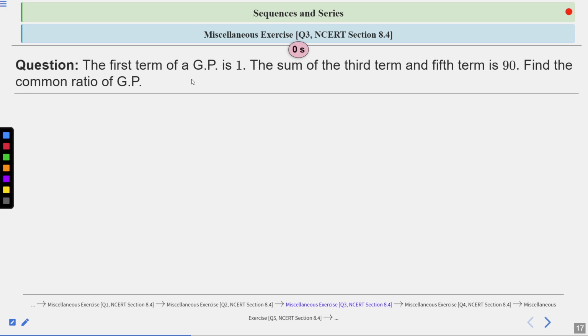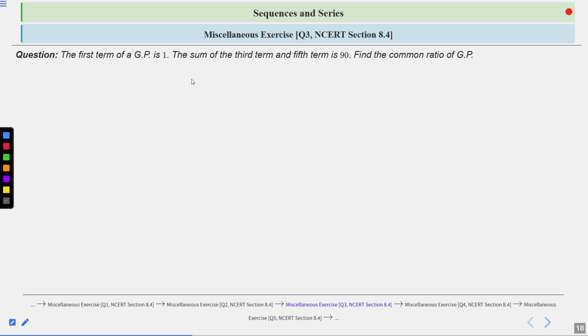Time up. Now we move to the solution of the given question. According to the question and some information related to geometric progression, we know that a is the first term and r is the common ratio of the geometric progression.